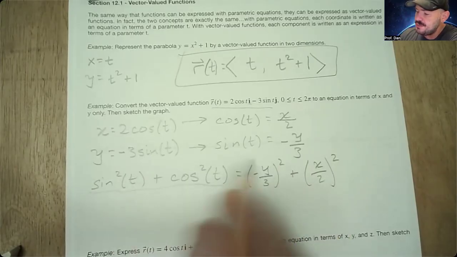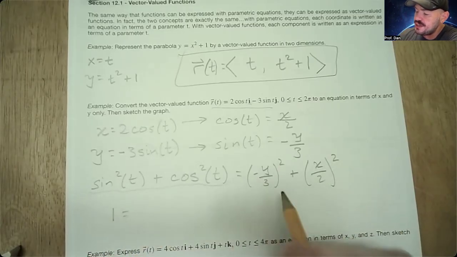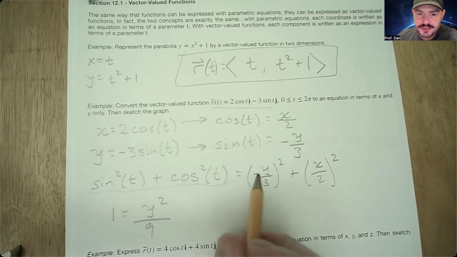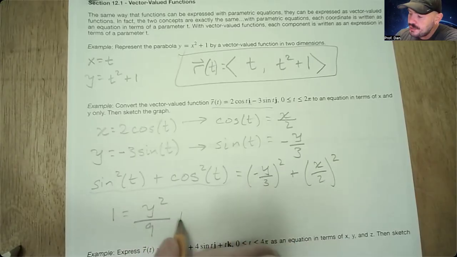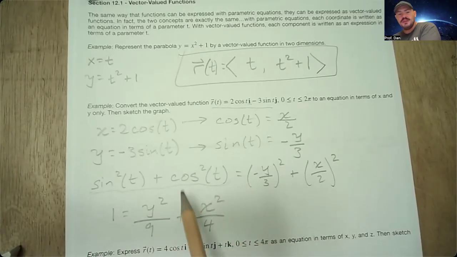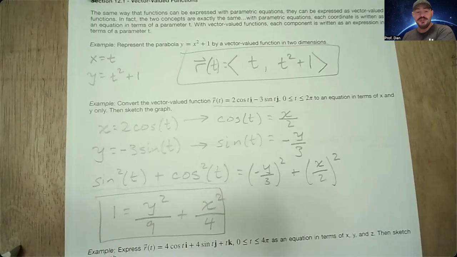So sine squared t plus cosine squared t gives me 1. And then if I square this, I get y squared over 9. Notice that's positive because we squared, plus x squared over 4. And this is my equation after eliminating the parameter, right?